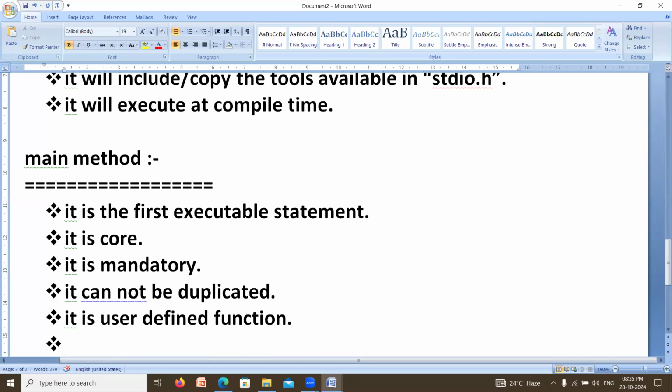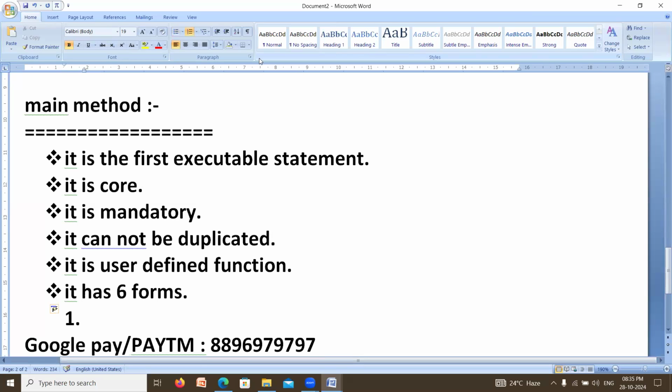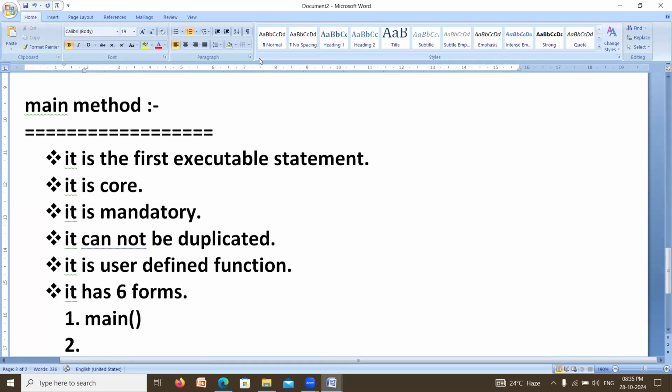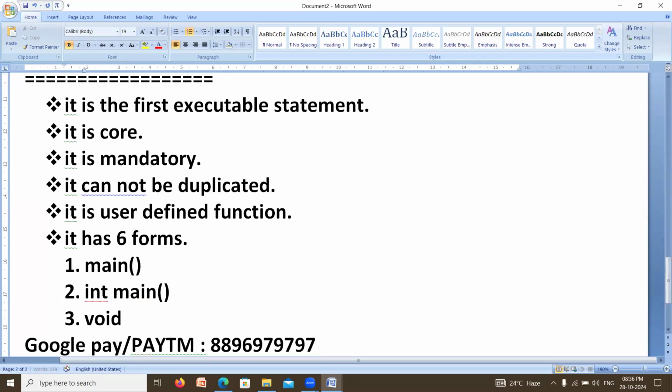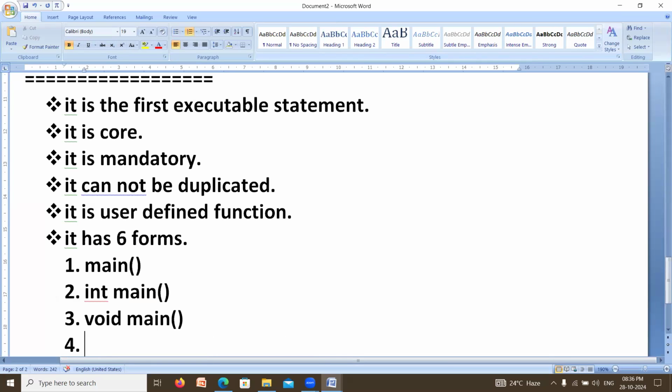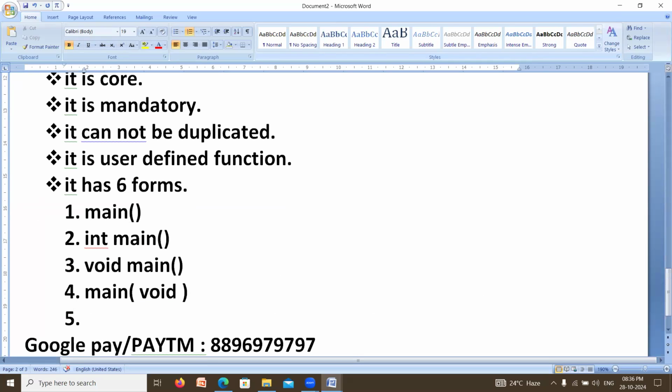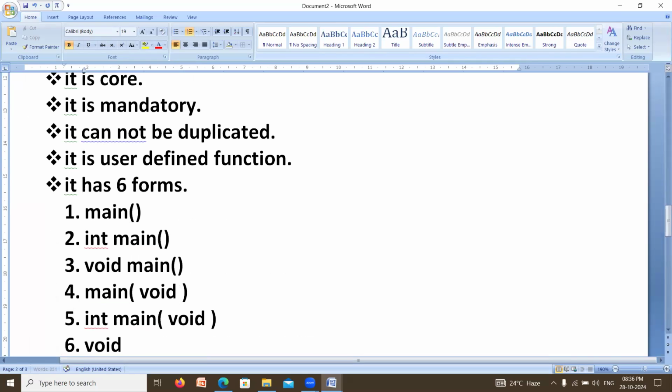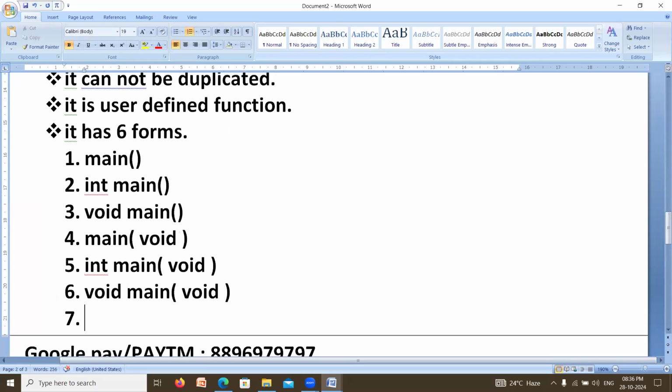You can write the main method in 6 forms. It has 6 forms.